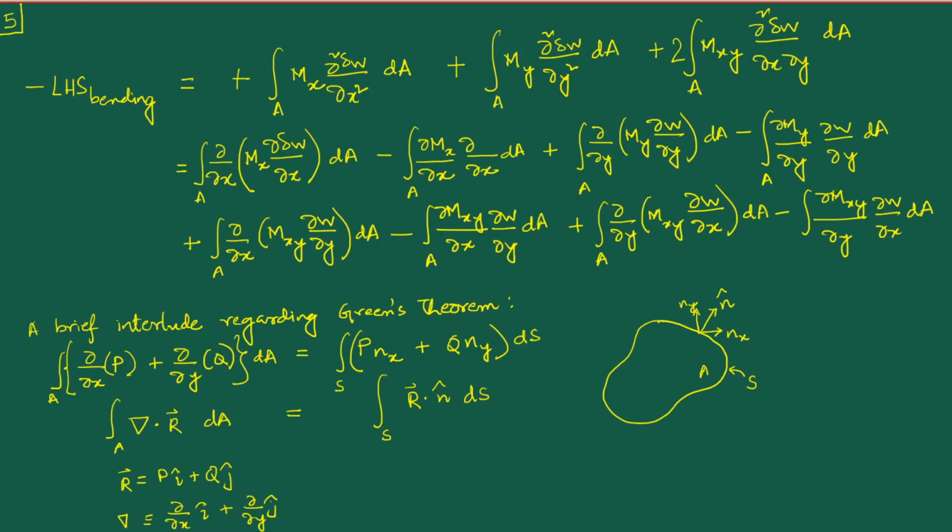It'll be easier if I just select this delta W and copy paste it wherever necessary.